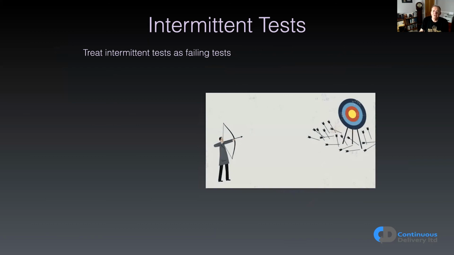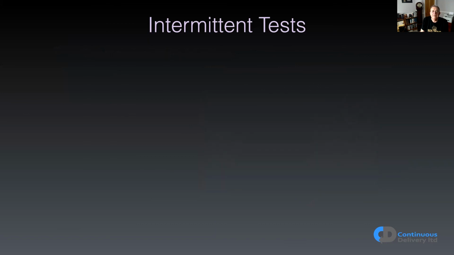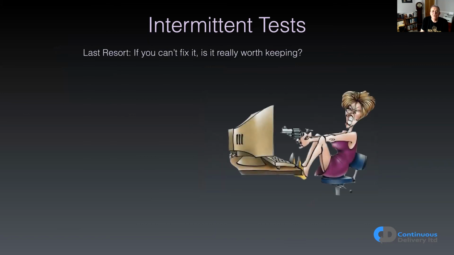You can do that by just kind of monitoring the history of the last few test runs, but treat intermittent tests as failing tests. The last resort, if you can't fix it, you've got to ask the question, is this test really delivering any value? And maybe delete it if it's genuinely intermittent and you can't figure it out.